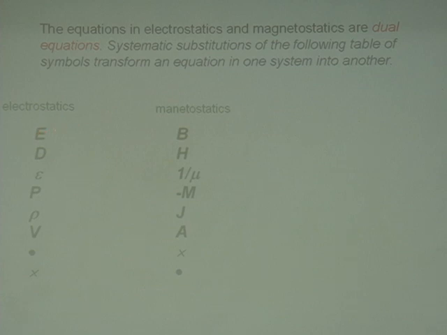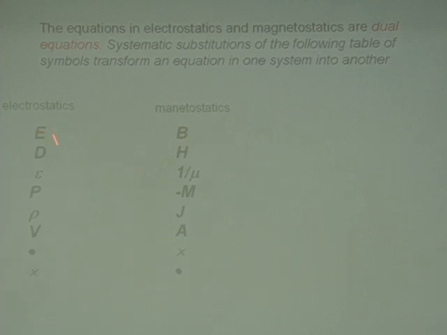So if you do a systematic substitution of symbols in one system, you can transform the equation into the equations in the other system. For example, 这是对应的变数，OK?